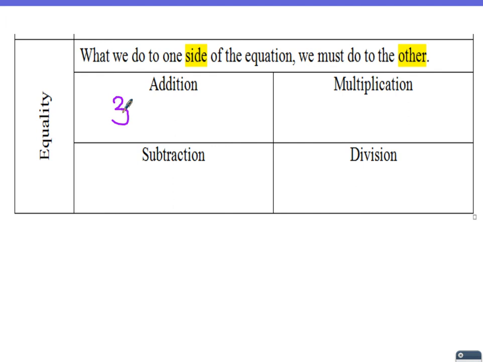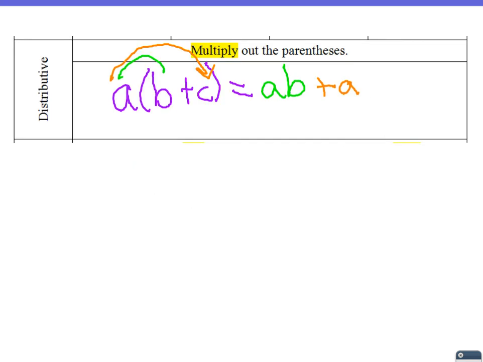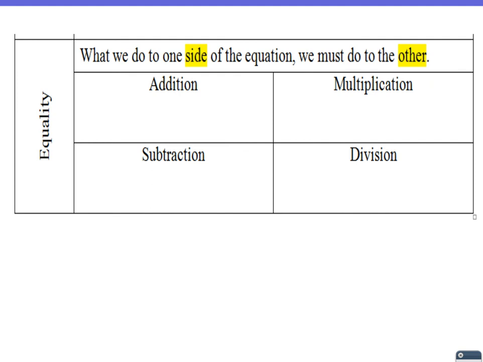So if I have 3 plus, let me back this up. Okay, so I'm going to do it with numbers down here first. So I have 3 plus 2 equals 5. Okay, well, what is 3 plus 2? 5.